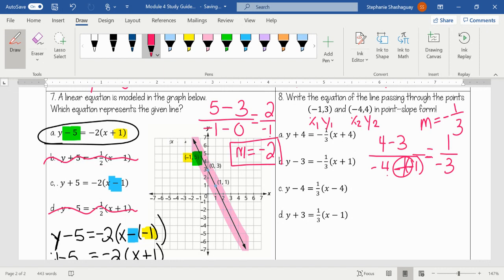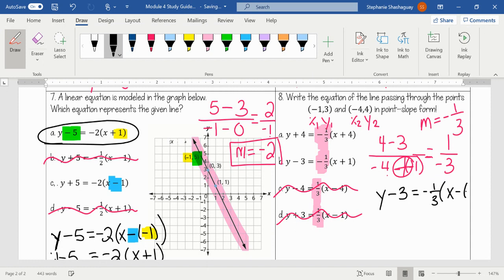So I'm going to look at my answer choices here and look just for my slope. Anything that is not a -1/3, I can now cross out. Okay, so now I'm going to plug in and look at my point slope form. So if I have y minus my y1, 3, that's going to equal -1/3, because that's the slope that I found, multiplied by x minus a -1.